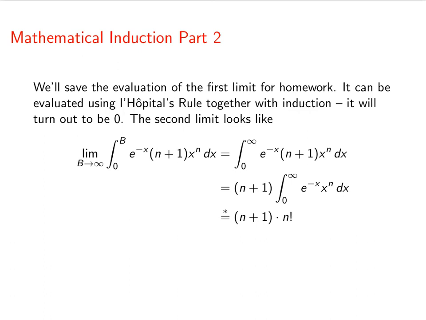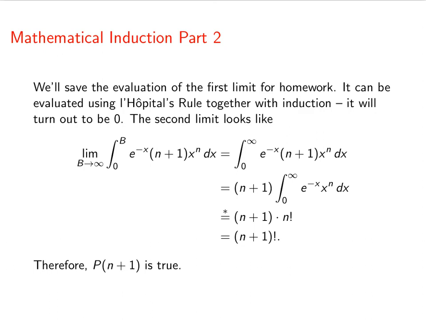Our induction hypothesis is that this integral here is equal to n factorial. Notice that we've put the star above the equal sign to indicate that we are using the inductive hypothesis. And then n plus 1 multiplied by n factorial is just equal to n plus 1 factorial.